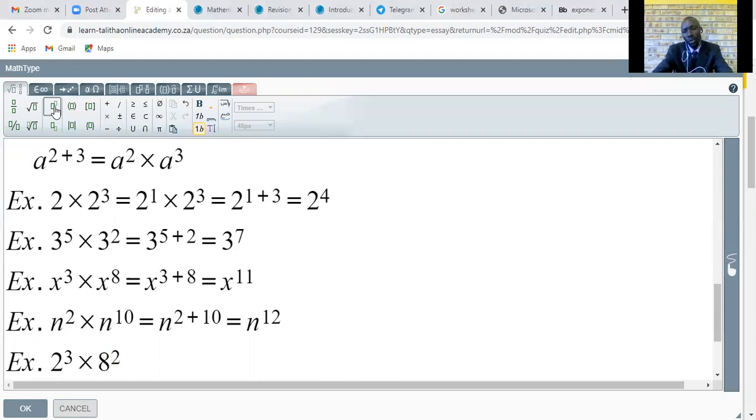Well, you could say, but wait, the bases are not the same, and so we cannot apply this law to work on it. Well, it turns out that the bases are different at first, but they can be made the same.